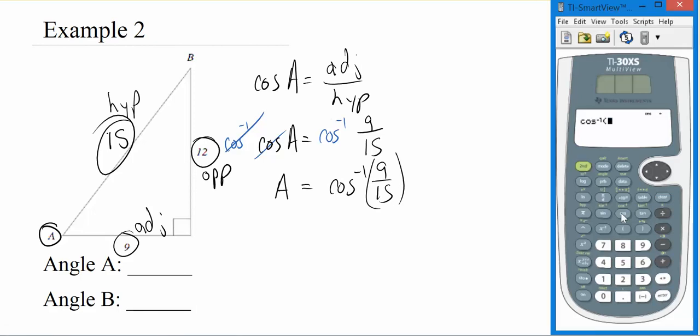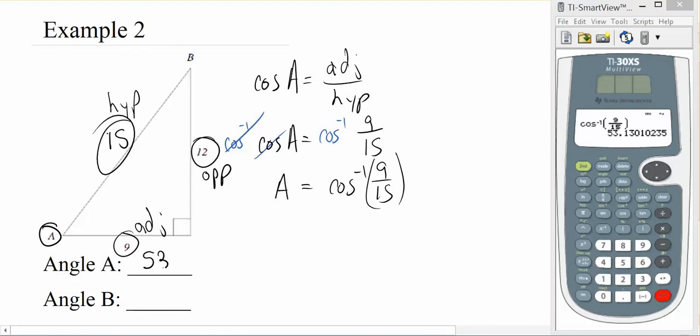So in the calculator, we do the inverse cosine of 9/15. And we actually get 53.1, again, interesting. Which means that the other one, we can just take the complement of to get 36.9.